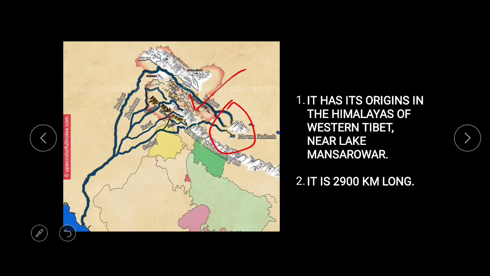In India, the Indus flows through Ladakh, Jammu and Kashmir, Himachal Pradesh and parts of Punjab, and then later reaches Pakistan.